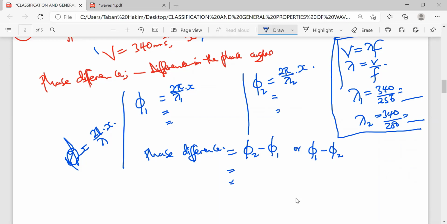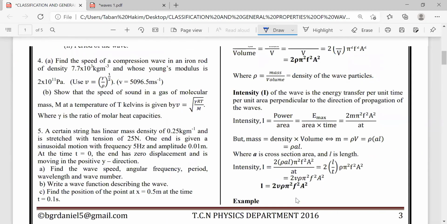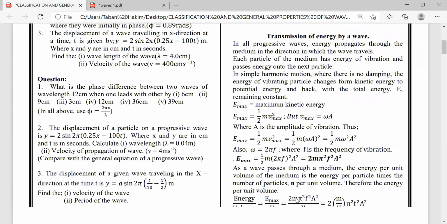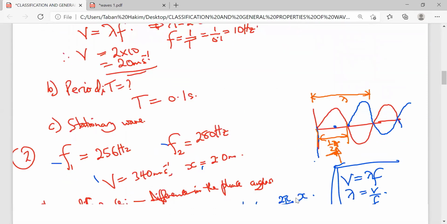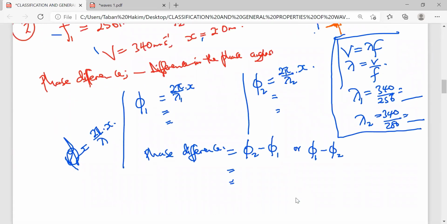So I'm waiting for that answer. I need to see whether you get this answer here. The answer here is 0.89 radians.